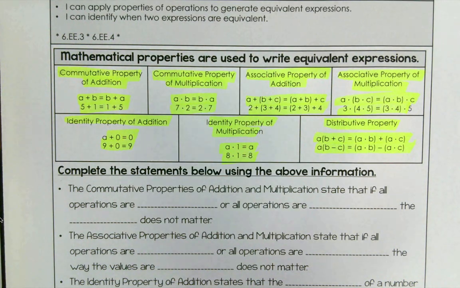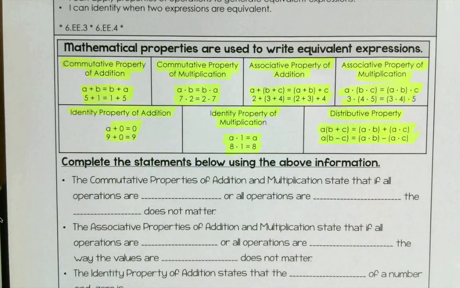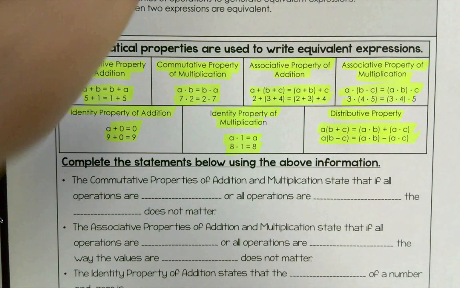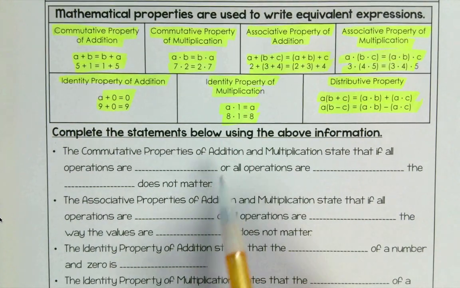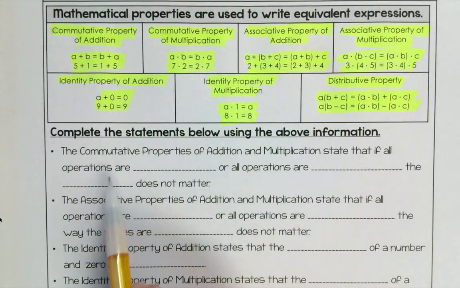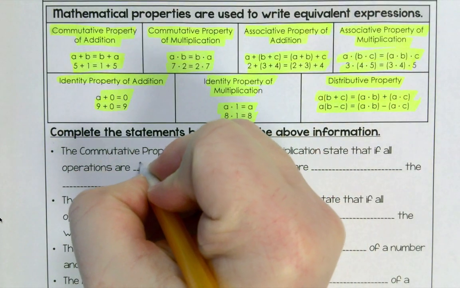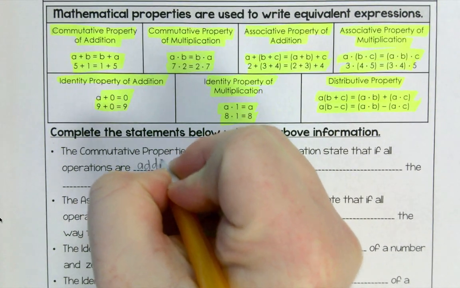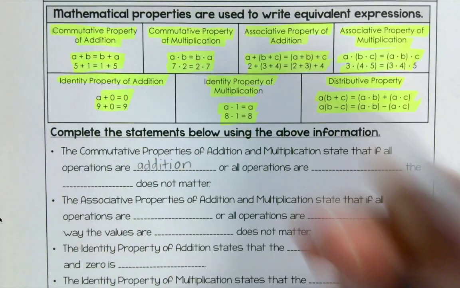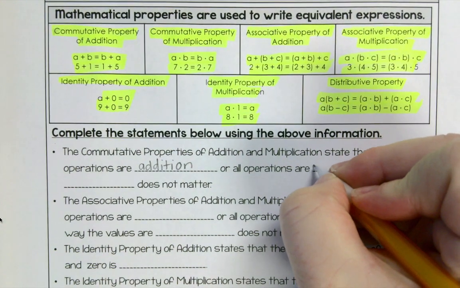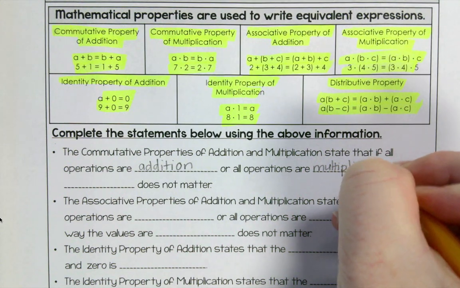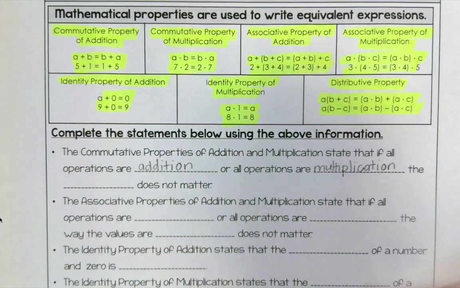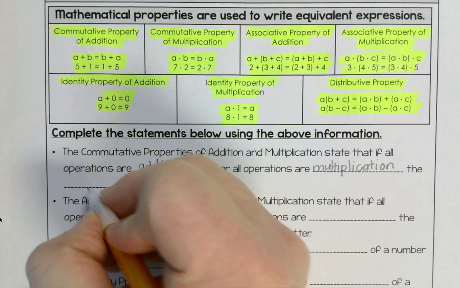Okay, so this down here, we're going to go through this, and it's just kind of fill in the blank, little definitions to help you put all the things together. So, the commutative property. The commutative properties of addition and multiplication state that if all operations are addition, or all operations are multiplication, the order does not matter.